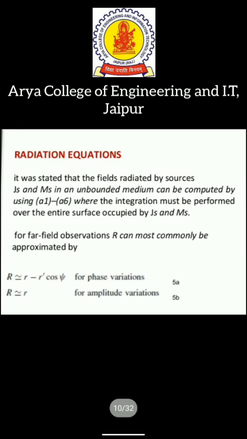In these radiation equations, one thing you have to keep in mind is that for deriving them we are taking into consideration the far field observations from the aperture antenna. The aperture antenna can be kept at any plane of the three axes, like x, y, z, and then we have to observe the point of radiation at the far field, in the zone of far field approximation.